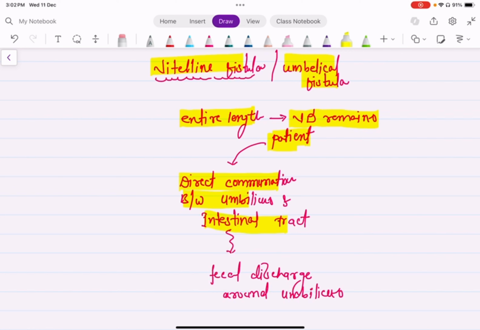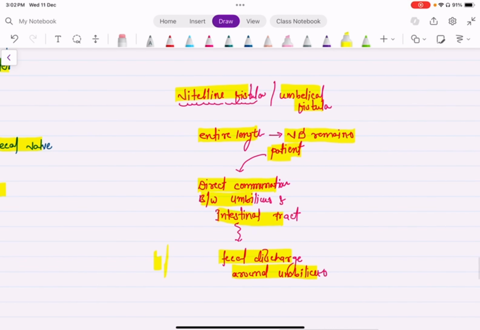The child comes to the OPD, and the mother says there is fecal discharge around the umbilicus. This is the major chief complaint given by the mother. It is called a vitelline fistula or umbilical fistula. The entire length of the vitelline duct remains patent, so there is direct communication between the umbilicus and the intestinal tract, and fecal discharge around the umbilicus occurs.